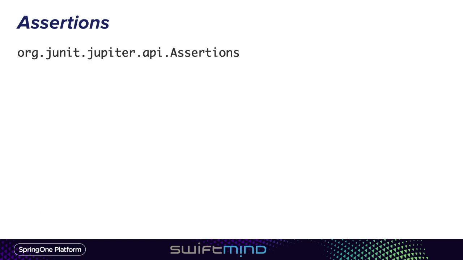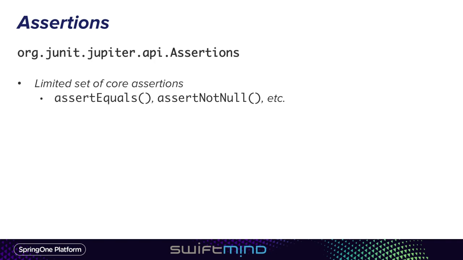In terms of assertions, we have the JUnit Jupiter API Assertions class, somewhat analogous to the Assert class from JUnit 4. We provide there a limited set of core assertions, basically mapping onto what you're already familiar with from JUnit 4. Things like assert equals, assert not null, assert same, assert array equals. We have support for all of those common cases. But we have some new things, more powerful.